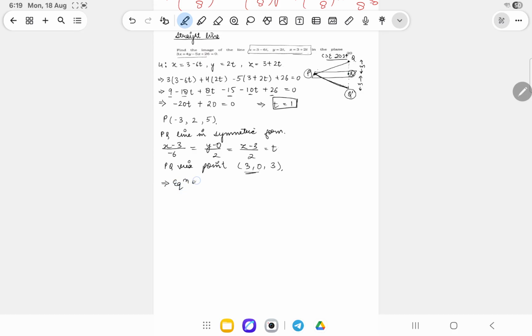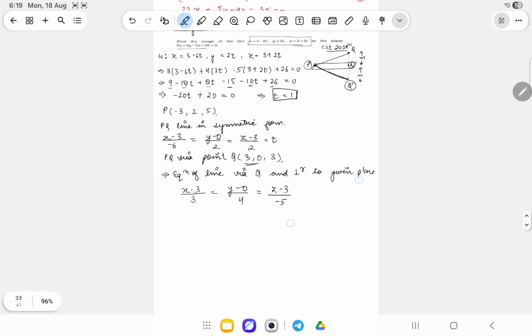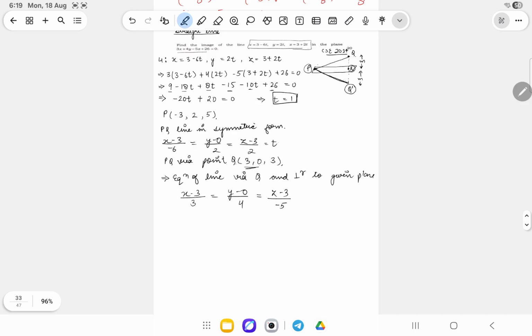It will be of the form x minus 3 upon 3 equals y minus 0 upon 4 equals z minus 3 upon minus 5. From here I can calculate an arbitrary point on this perpendicular line.